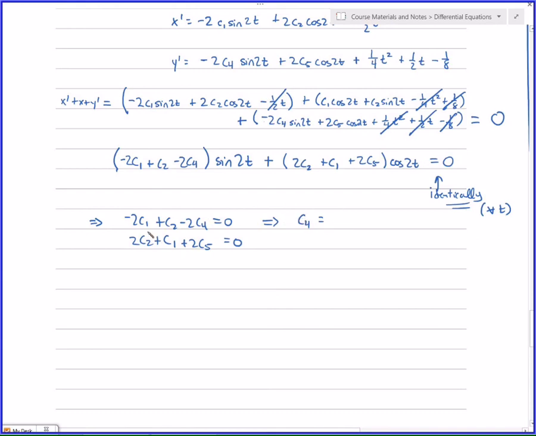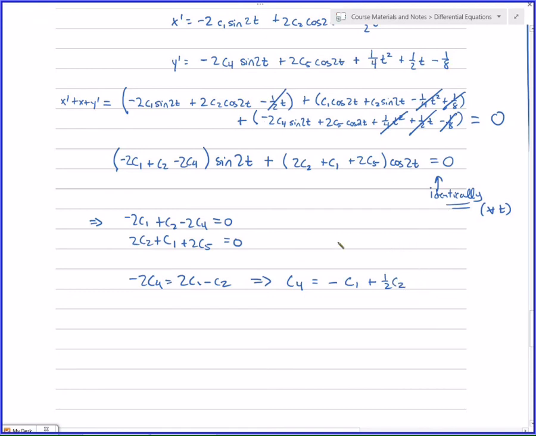Negative, so move the other side, so that's positive 2C1 divided by 2 is C1. How about I do it in steps, just so that I don't make any mistakes here. Negative 2C4 is 2C1 plus C2 minus C2, which means C4 is negative C1 plus 1/2 C2.